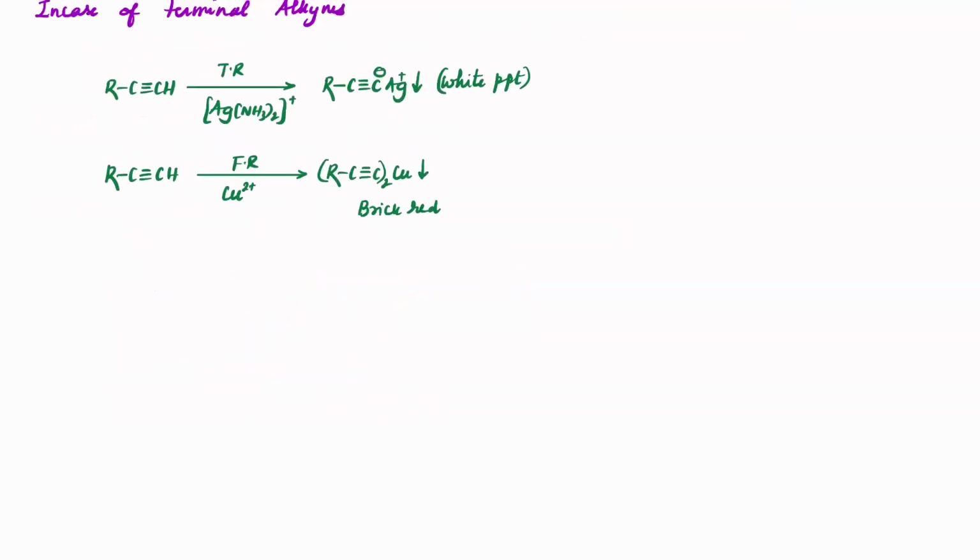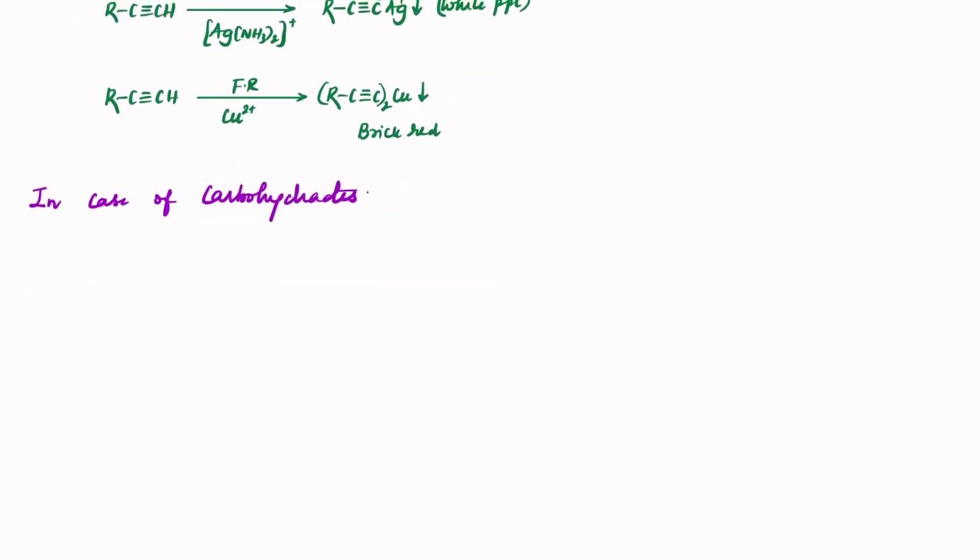Now listen, in case of carbohydrates, starting with glucose. See, glucose exhibits a cyclic structure. Going ahead, we'll learn that this is a cyclic structure of glucose. This is how the cyclic structure of glucose looks like, where you have OH, OH, OH, OH, and OH.